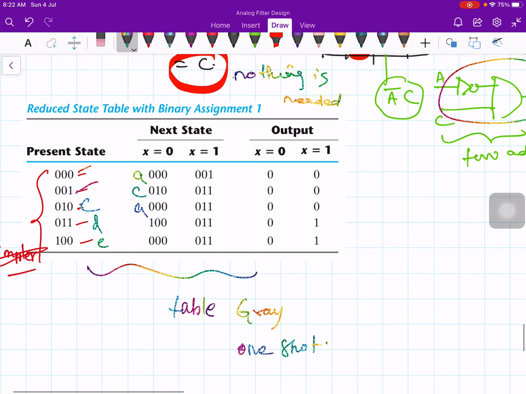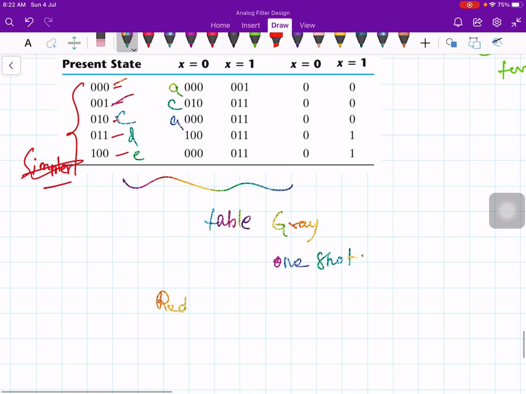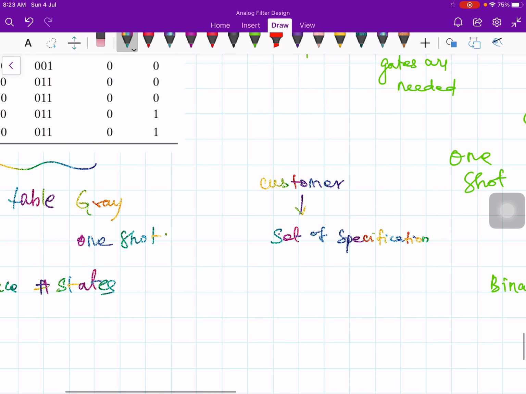Okay, so that's it about the state reduction and assignment. So the thing is, we need to reduce the number of states. Actually, the design or synthesis goes like this. The customer will give you the set of specifications. From the specification, you form the state diagram.